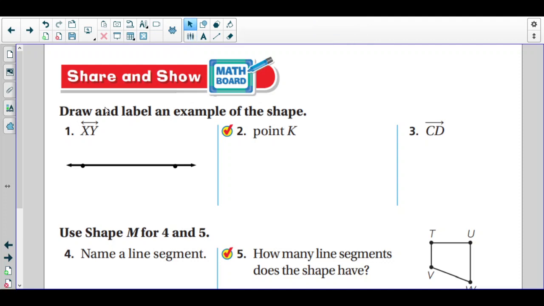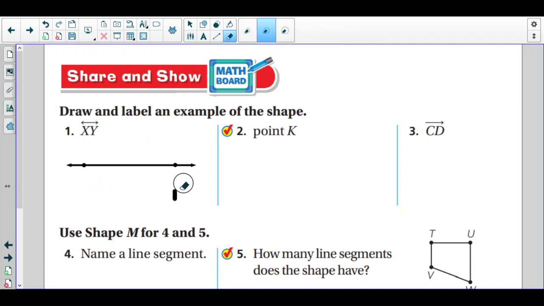All right, that shows that it goes to and then through that point. So this would be X and Y. Very thick X through Y.